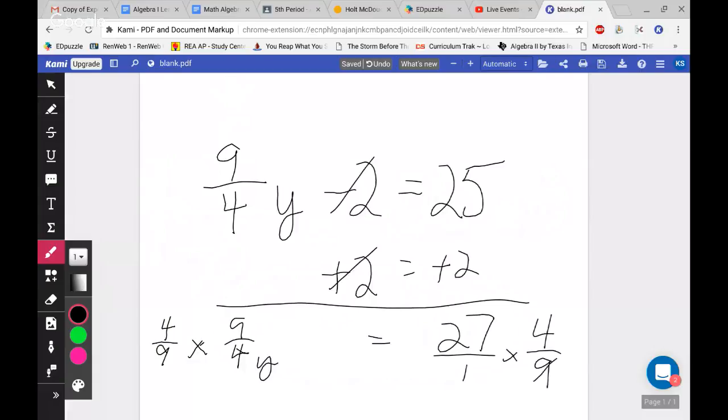Then I'm going to simplify before I multiply. Here they cancel. And I have two ones down there, and I've got 3 times 4, which is 12. So my final answer is 12.